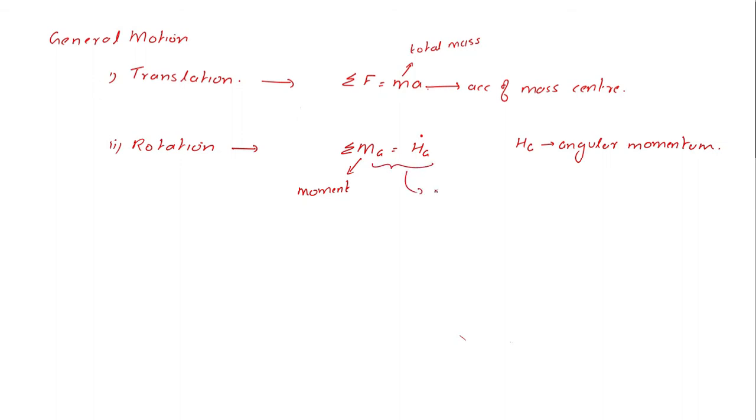So sigma M_G is equal to the derivative of H_G, or the derivative of the angular momentum. So as such, a general motion, since it involves both translation as well as rotation, the corresponding equations are sigma F equals m a and sigma M_G equals H_G dot.